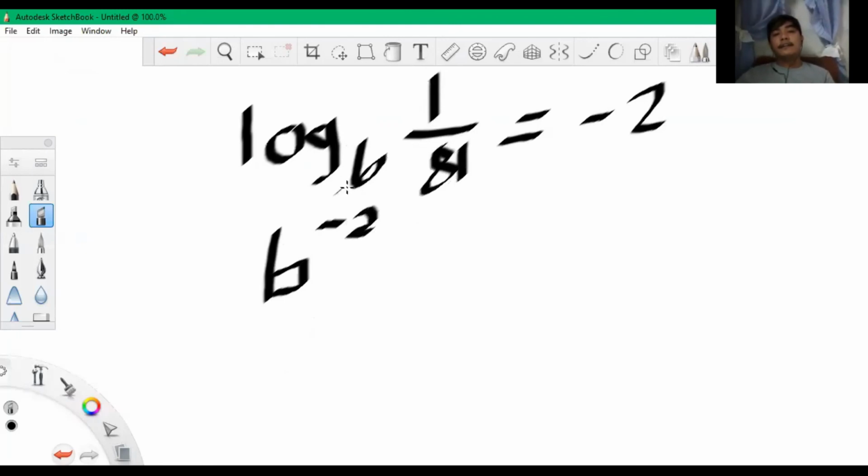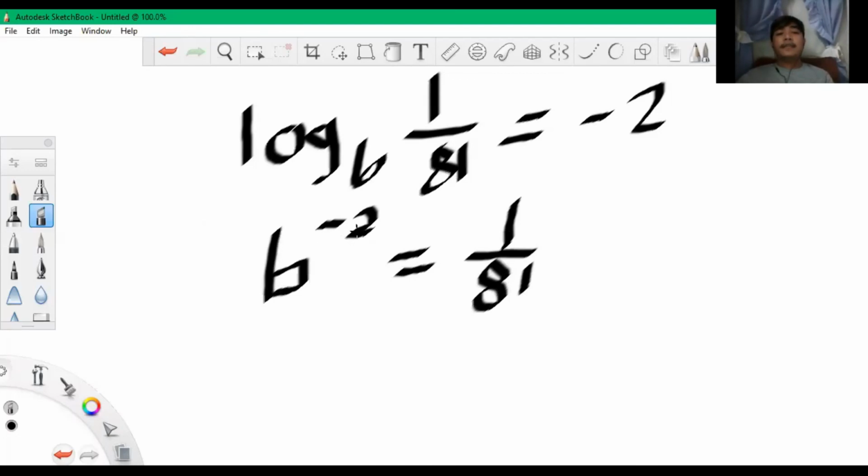So we have the base, which is still unknown and represented by b, and its exponent is equivalent to negative 2. So now we have b raised to negative 2, and its answer is 1 over 81. And as you can see, we have to solve for b raised to 1.